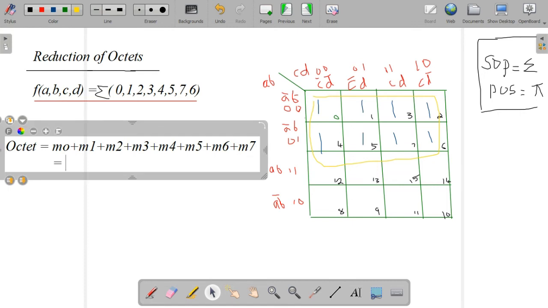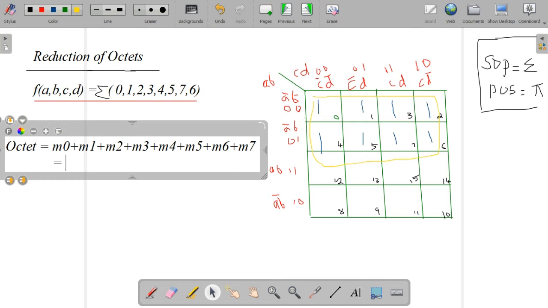So you can easily write, you know how to reduce these literals. This is m0, m1, m2, m3 plus m4, m5, m6, m7. You know in terms of literals how you have to write all these literals. m0 means A dash, B dash, C dash, D dash, plus A dash, B dash, C dash, D. Like this you have to write till m7.